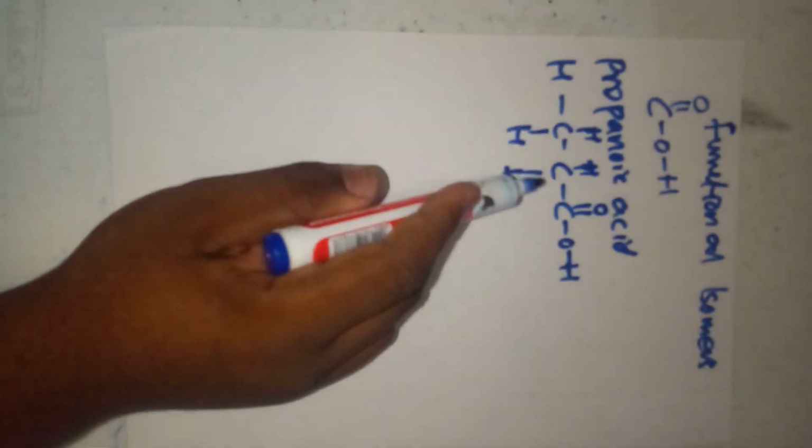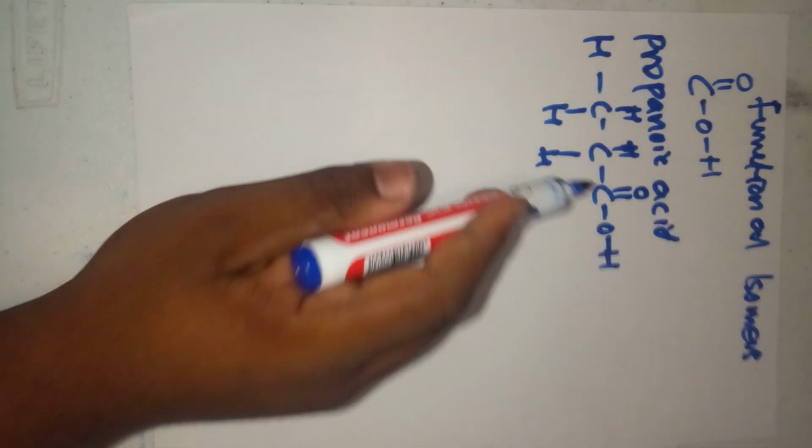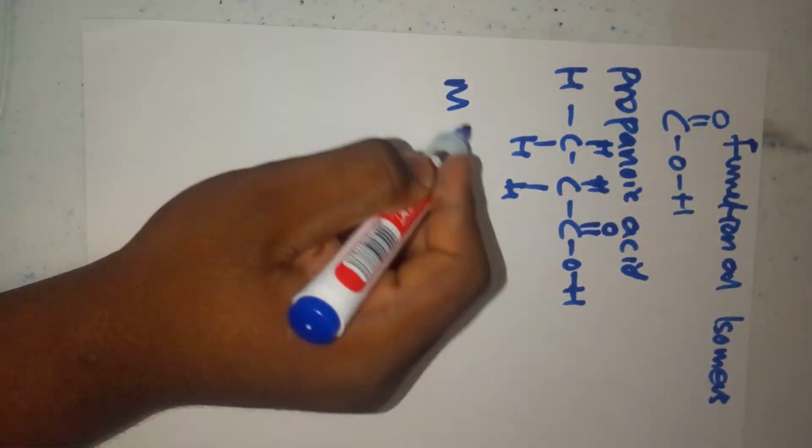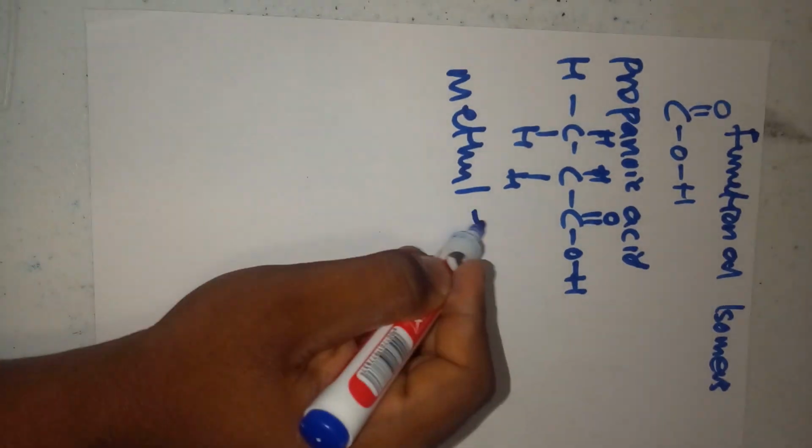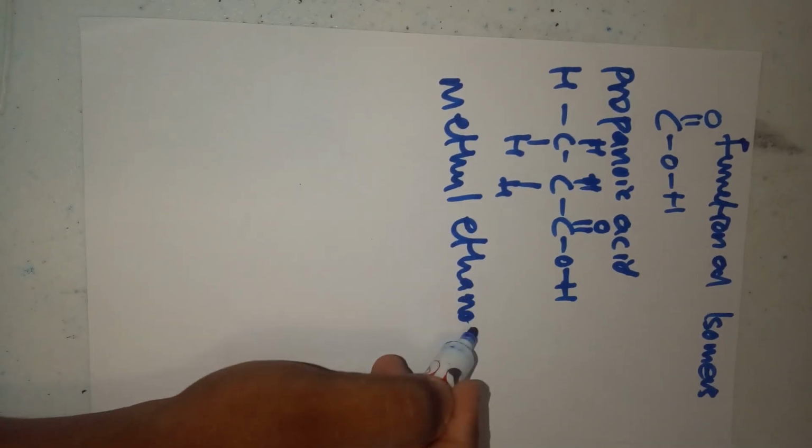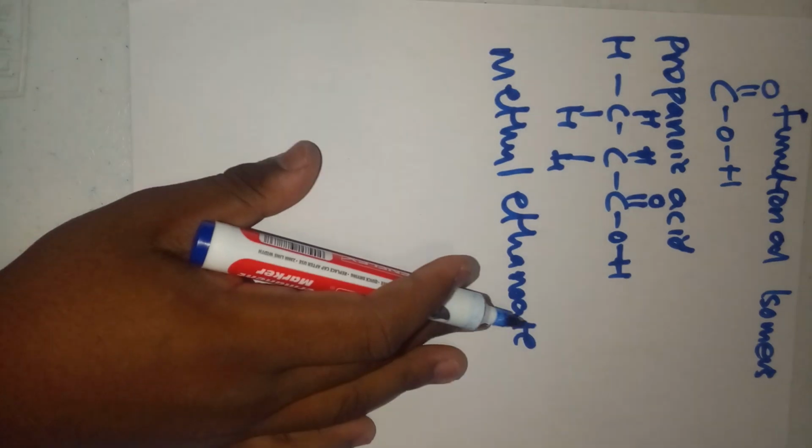So this is what you have, propanoic acid. Then the other one is methyl ethanoate. Now I will have to tell you something about this one. As you can see, this one is methyl ethanoate. This one is now about esters.